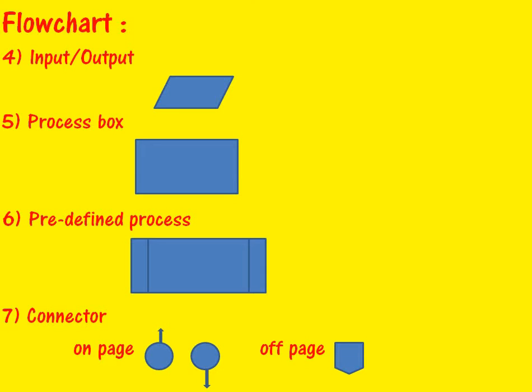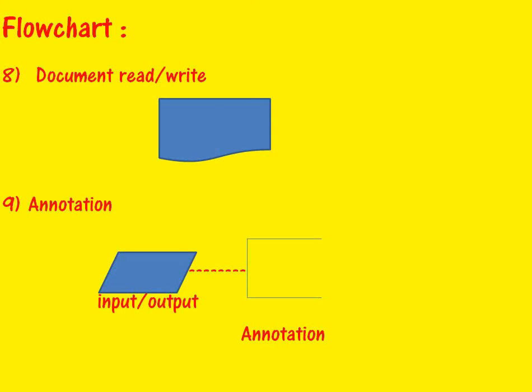Process box is a rectangle used for performing operations. Predefined box is for a module or sub-process. Connector is used for on page and off page. On page is on one page only and off page is for another page. For writing or reading any document, we use this symbol. Annotation is used for comments.